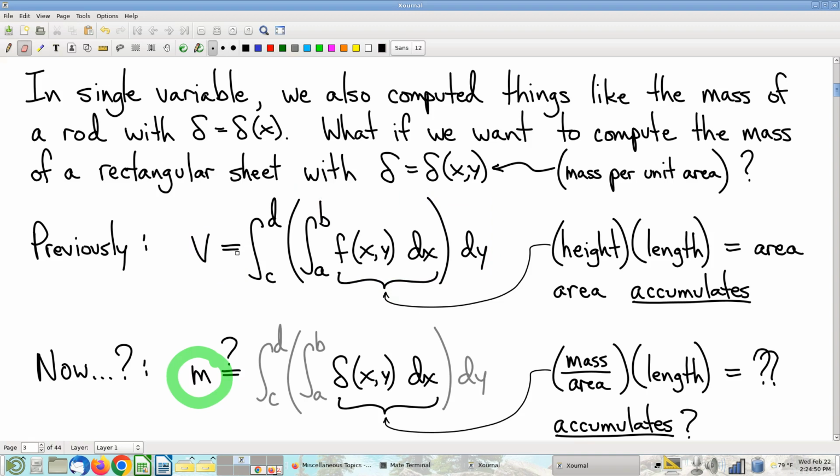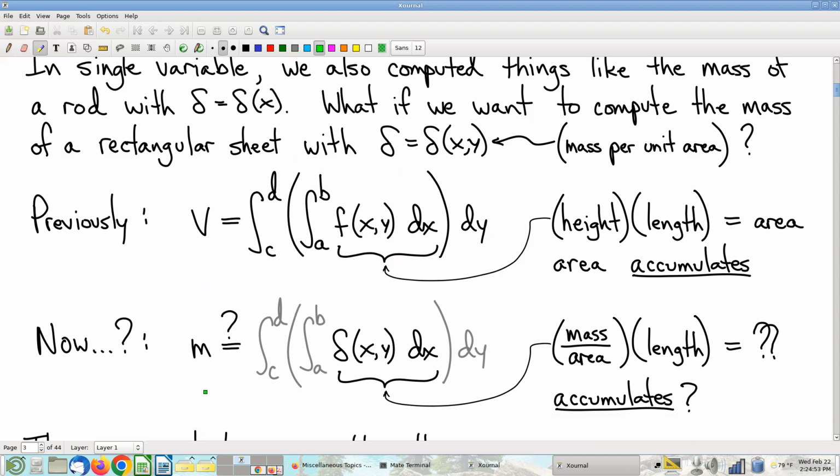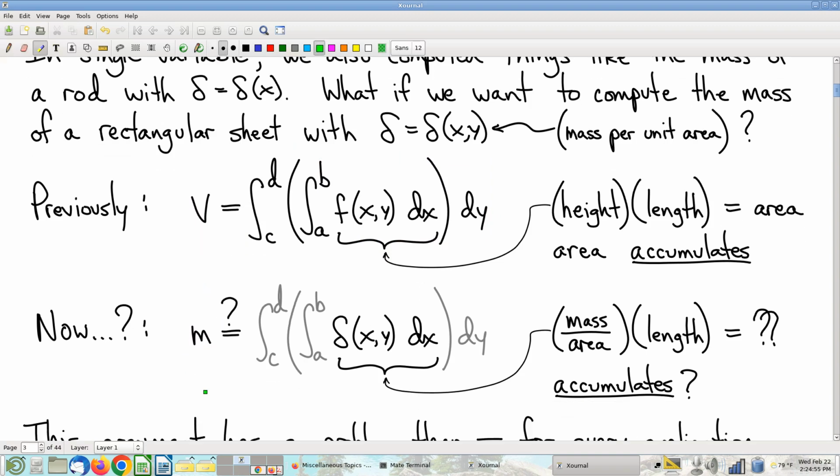Let me show you why it doesn't work. Which is disappointing. Something very particular happened in this argument here. And keep in mind, I got to evaluate the inside integral first. I have to make sense out of this expression first. This is, in some sense, the very first thing that happens: this is a height.